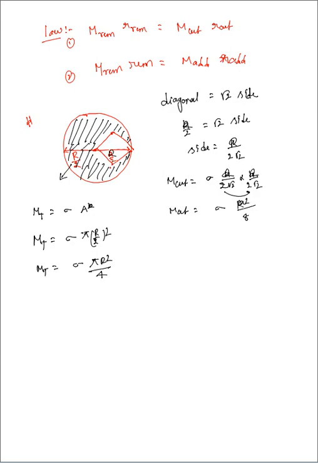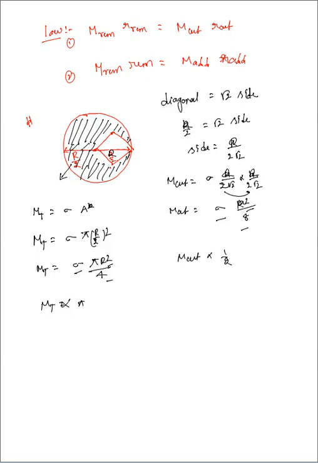Now if you observe, the common things you have to remove, as I told you. For example, sigma is there and R square is there, and in the denominator 4 is there. So M total is directly proportional to pi, and M cut is directly proportional to 1 by 2, since sigma R square will go and the 4 also will go.